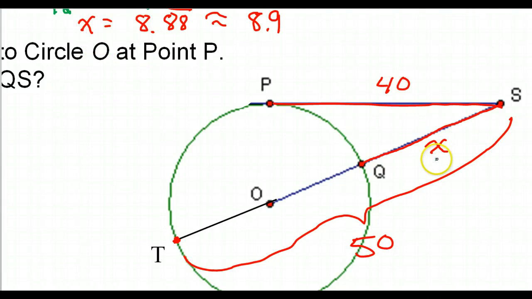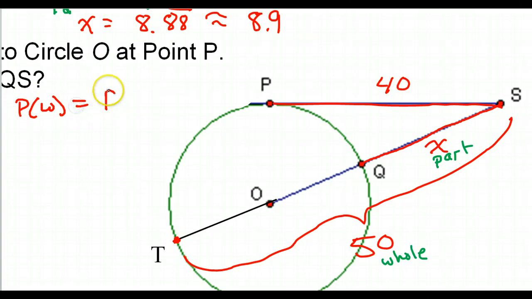The x here is the part, and this 50 is the whole. Let me set it up thoroughly. We're doing part times whole equals part times whole. The part is x. The whole is 50. So we do not need to do 50 plus x or 50 minus x. The whole is simply 50. 50 is the whole thing.